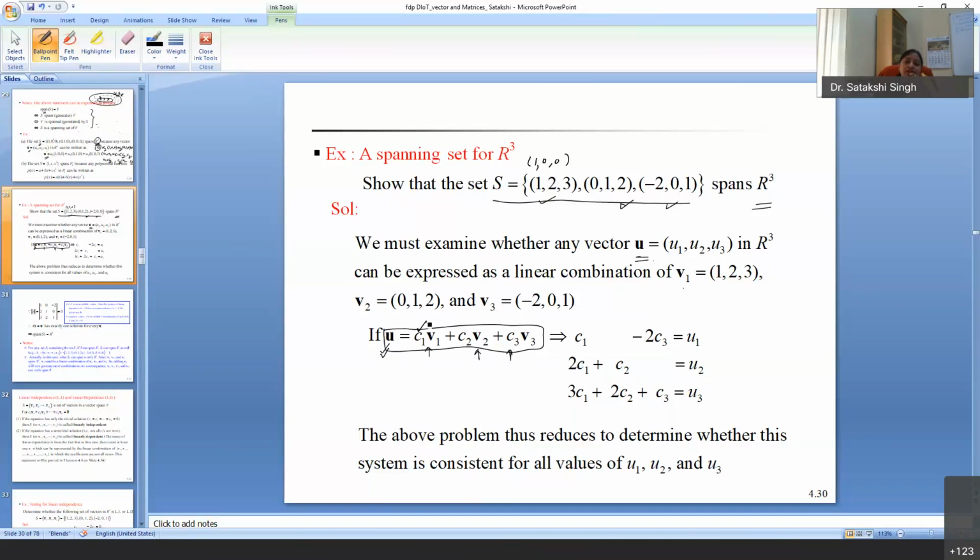If we are able to find finite values of c1, c2, and c3, then we will say that the given set S spans the vector space R3.